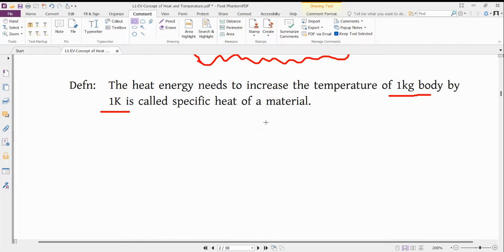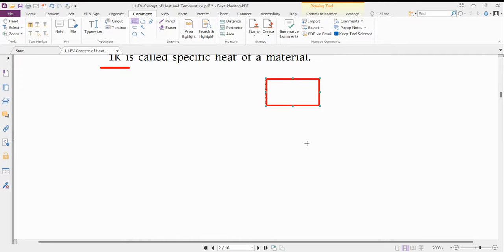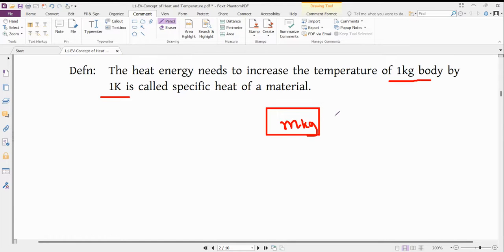Let us consider a body. The mass of this body is m kg, and we will increase the temperature by del theta Kelvin. Del theta means change of temperature. It may be an increment or decrement.